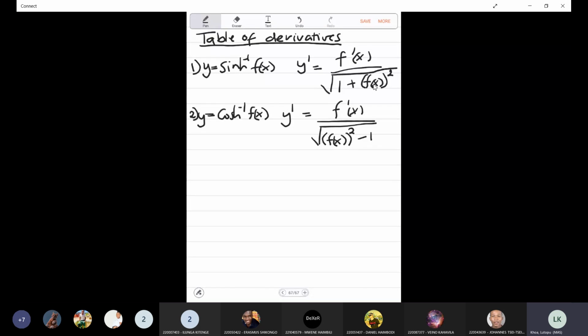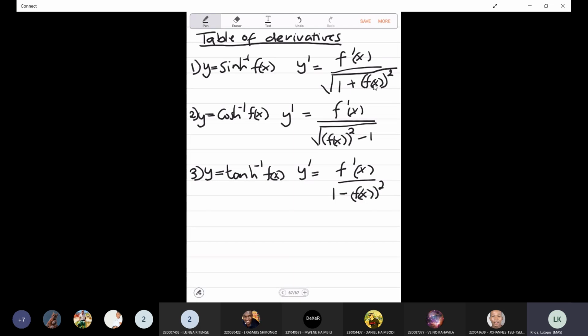And the third one, if y is hyperbolic tan inverse of f of x, then y prime, this is the derivative in the numerator, and then in the denominator we have 1 minus f of x squared.